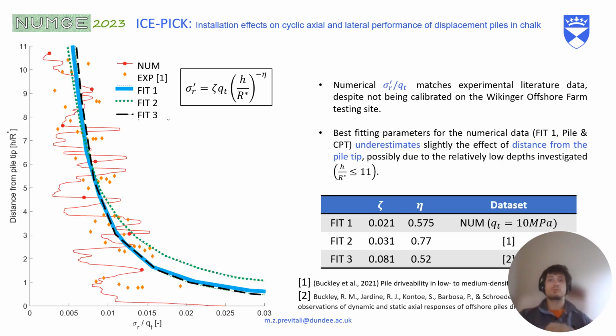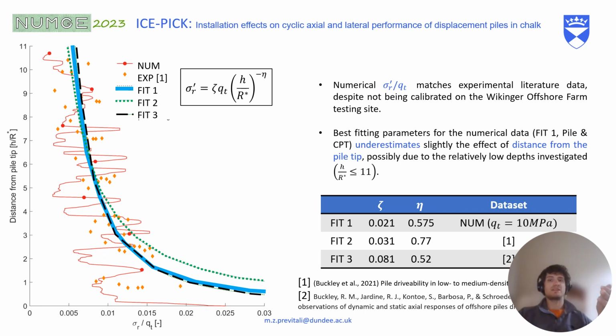So what do our numerical results show? The distribution of stresses fits quite well with the field data by Buckley et al. And despite being calibrated on a different data set, this relationship can be used for different field data or scenarios.